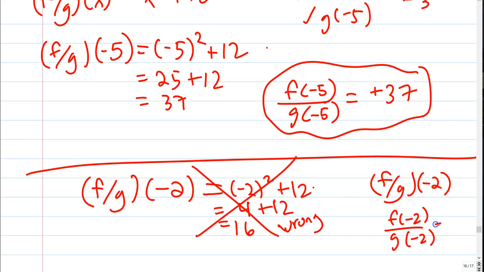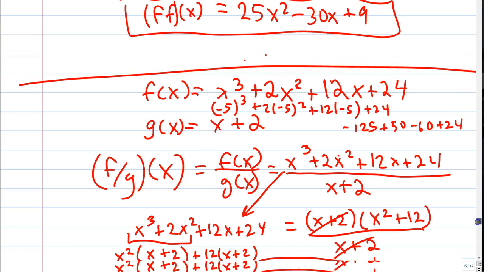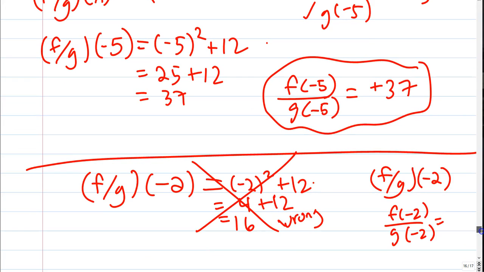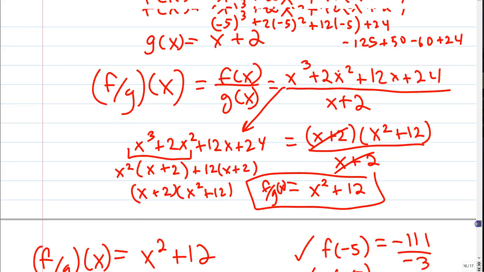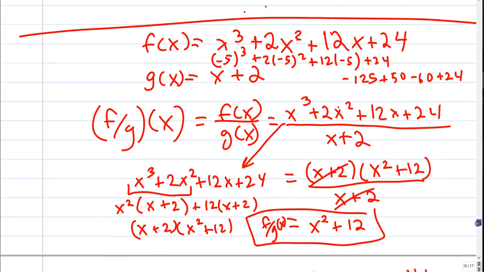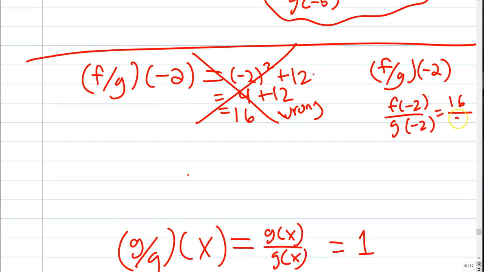And so, okay, f of negative 2 would be negative 8 plus 8 is 0, plus 16 minus 24 plus 24. I think we're just left with 16. Yeah, there's the 16. Divided by g of negative 2, which would be, what is negative 2 plus 2?